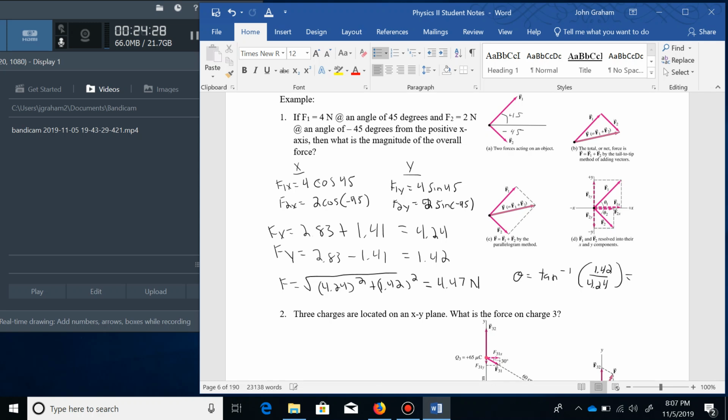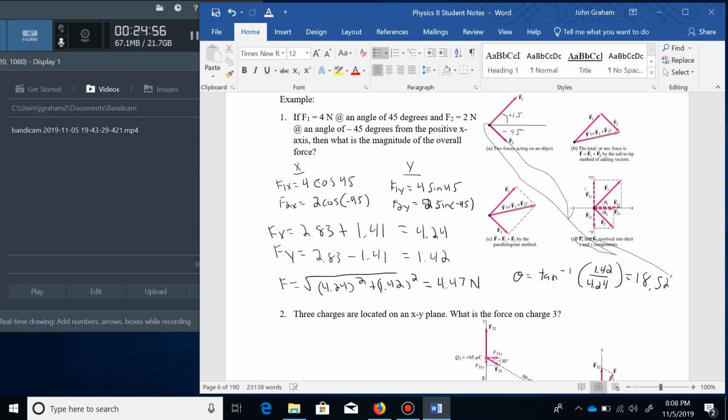And so this is going to equal 18.52 degrees. And since we're in the first quadrant, we know this is the angle.